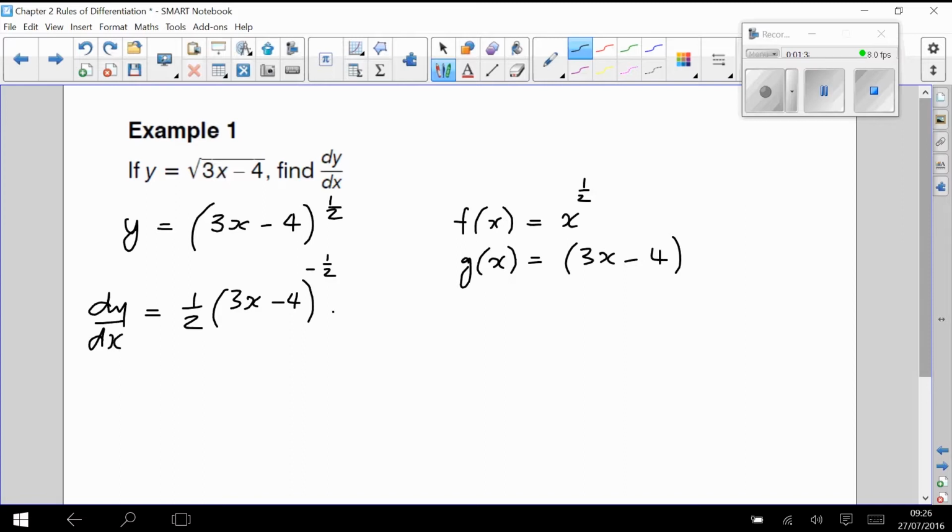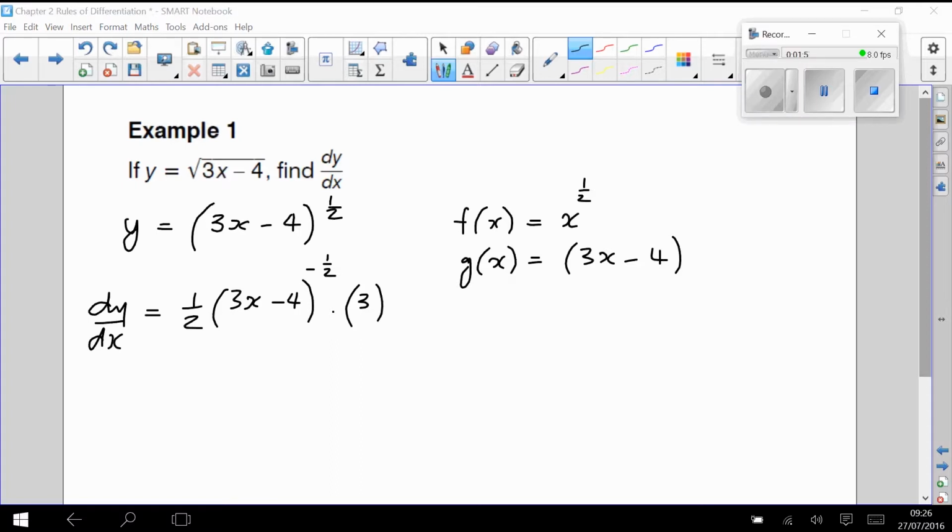Now I need to times this answer by the derivative of the inner function, and the derivative of 3x minus 4 is 3. When we do these sums, it's nice sometimes to make it look nice and neat, but that is a perfect answer.